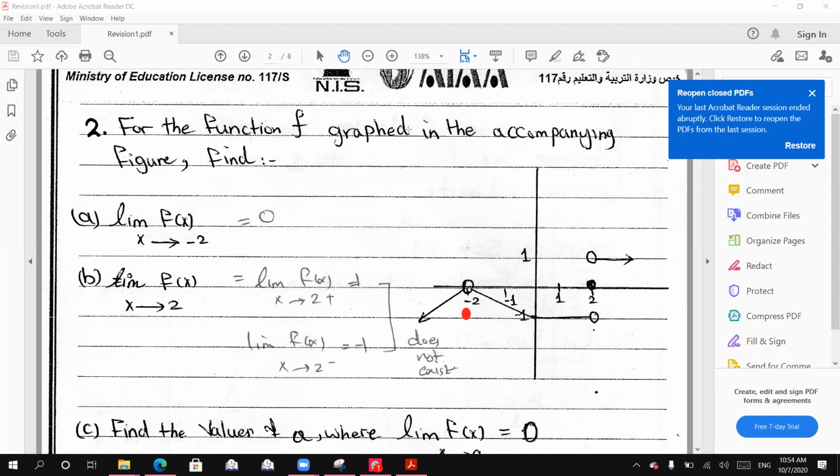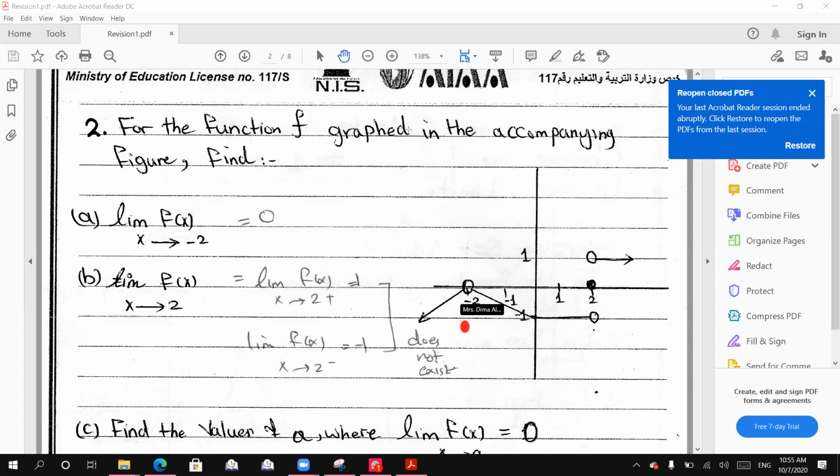And here for the function, is it open? What does it mean? Without the red circle, don't look at the red circle. There's a value of the limit, but the function at point -2 is not defined. So I can say this function is not continuous because it has a hole at point -2.